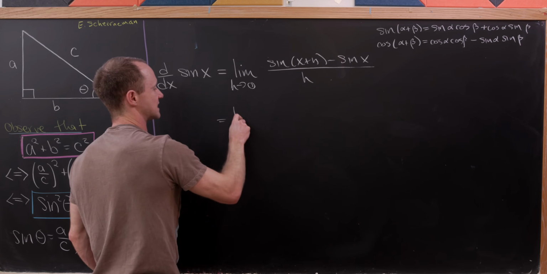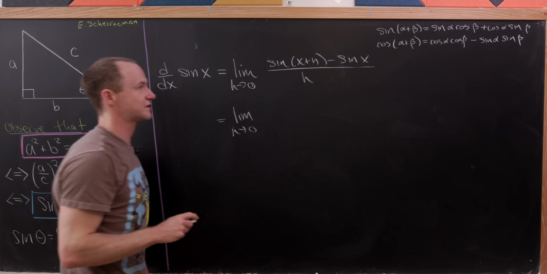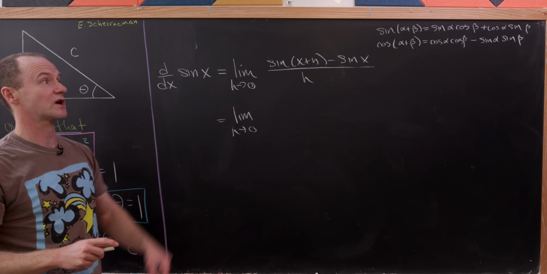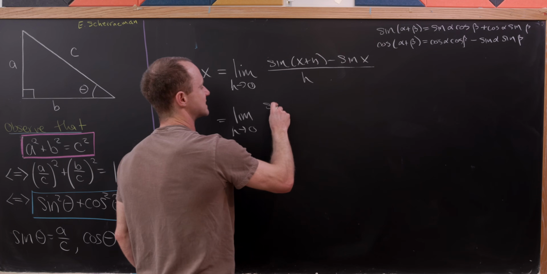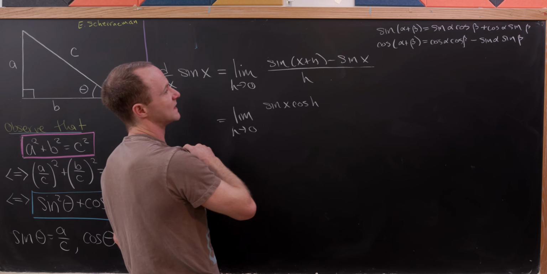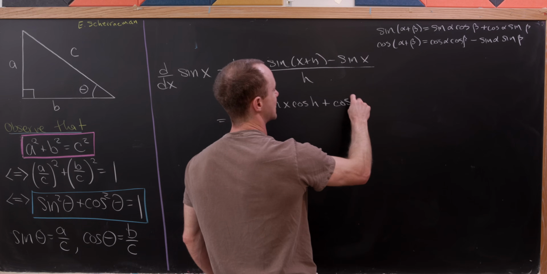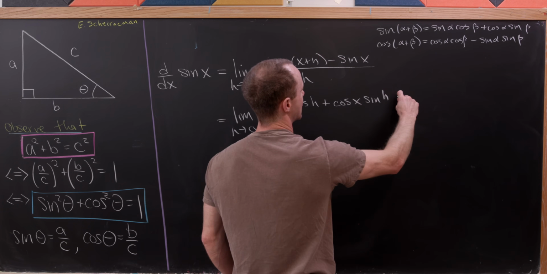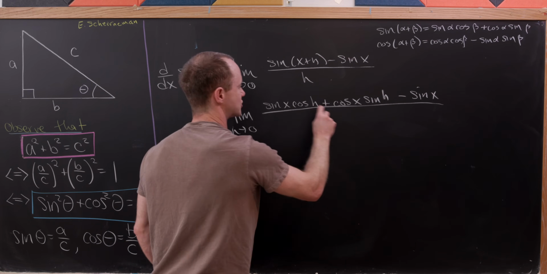So let's see, that's going to give us this limit as h goes to 0 of, now what goes in that numerator? Well, we're going to use that angle sum formula there. So that'll be the sine of x times the cosine of h, plus the cosine of x times the sine of h, minus the sine of x, all over h.